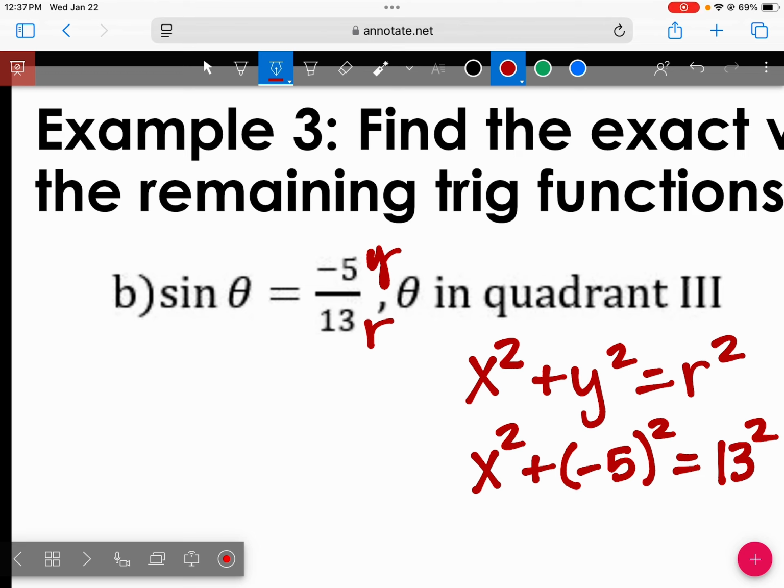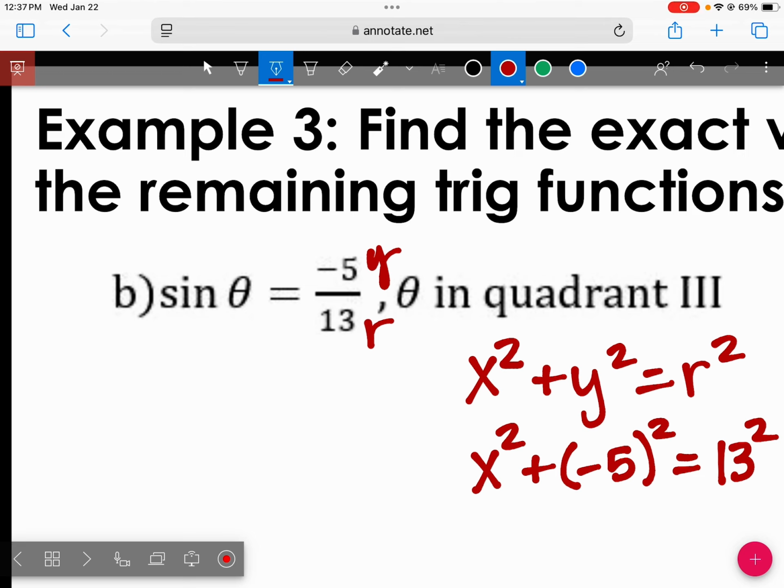Cosine. So cosine of theta is x over r. X is 12 and r is 13, so that would be 12 over 13. Is it going to be positive or negative? Negative, because we're in quadrant 3. Now we'll do the sister to cosine, which is secant. And that's going to be negative 13 over 12.